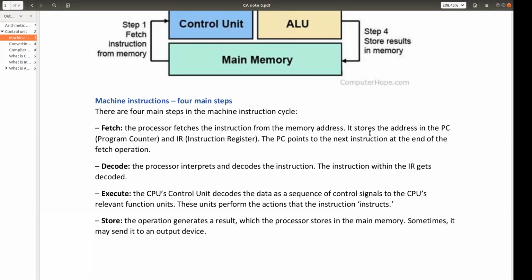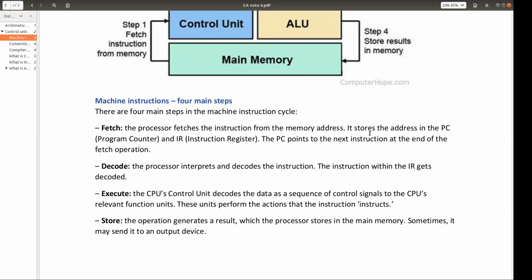So the program counter stores the address. More specifically, the program counter stores the address of the next instruction that will be executed by the computer. You can write it down, whatever I'm saying.